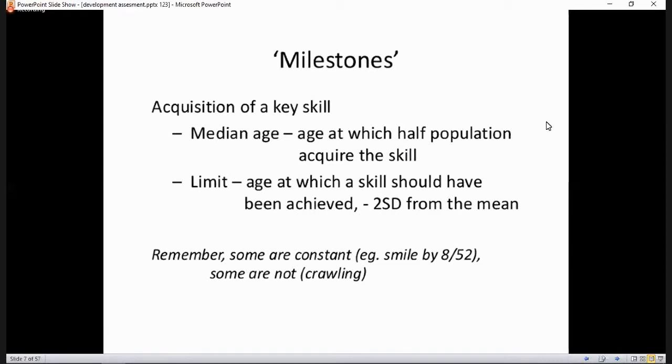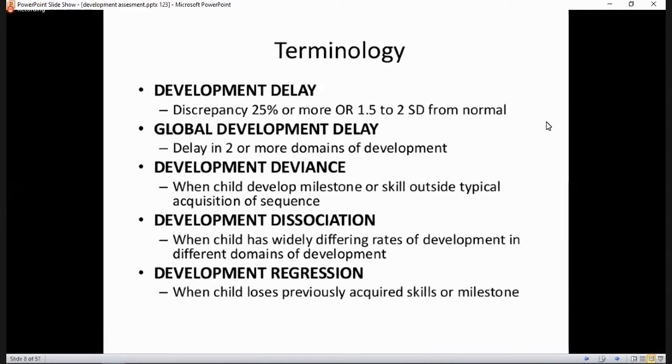Okay, milestone is the acquisition of the key skill. Median age is defined when half of the population has acquired this skill, and the limit age at which the skill should have been achieved is less than 2 standard deviations. So there are different terminologies you will come across in neurology and in this lecture also.